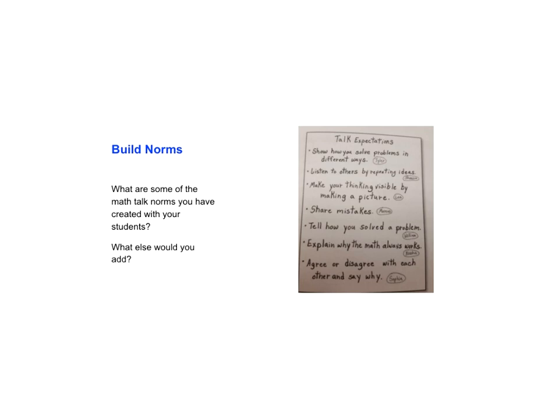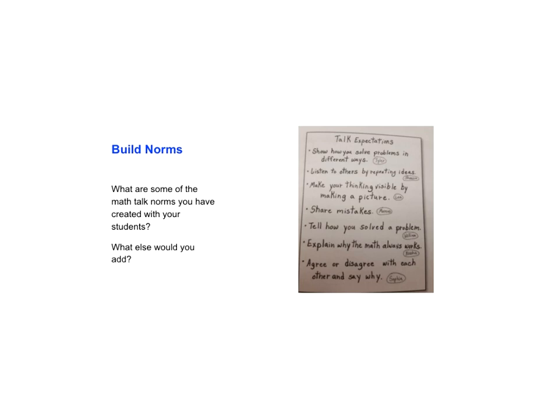So the first thing we need to do is build these norms for math talk in your classroom, and let kids know that this is what you expect and that it's okay, that this is what you want. I'm not sure if you can see that little image there, but it's just an example of classroom created talk expectations.